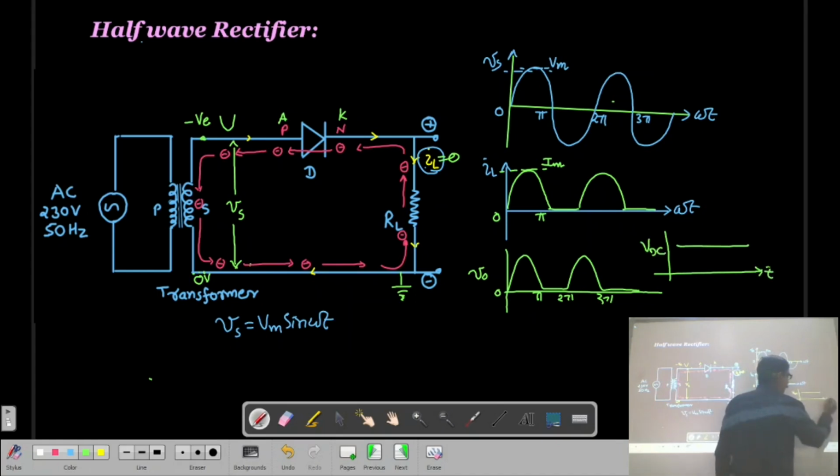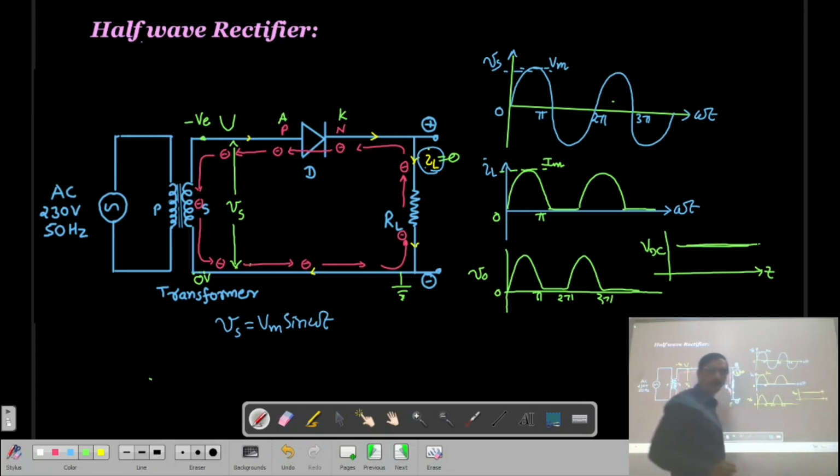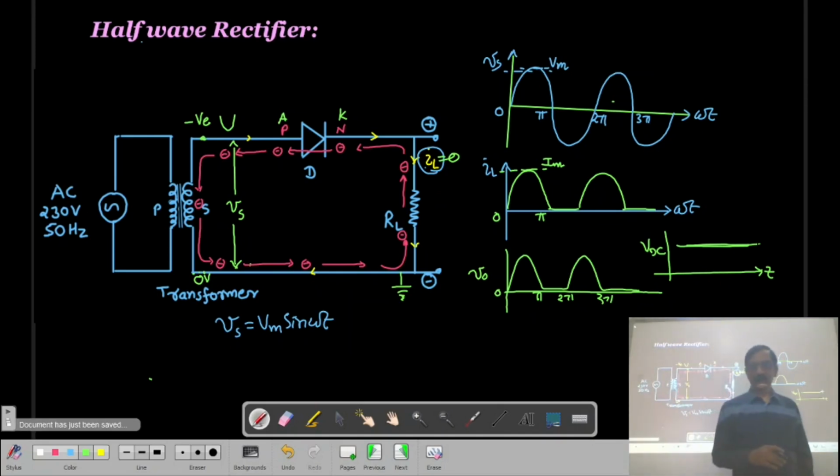With the time t, the magnitude of the voltage will not change, and it is also not changing direction. But here, my output voltage is fluctuating. So, is it an AC voltage or a DC voltage? Now the question is whether the output current or voltage is AC or DC.